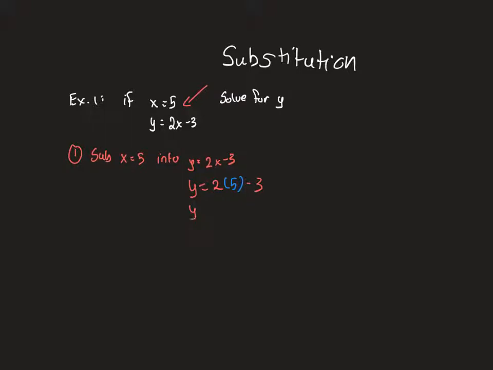Okay, so 2 times 5 is 10, minus 3 is equal to 7. So your second step, obviously, here is to solve. Okay? Now, that's basically as easy as it can get.